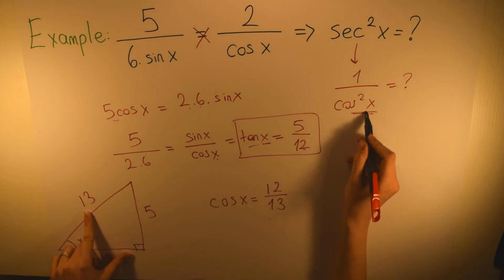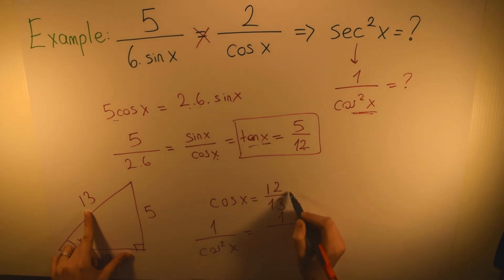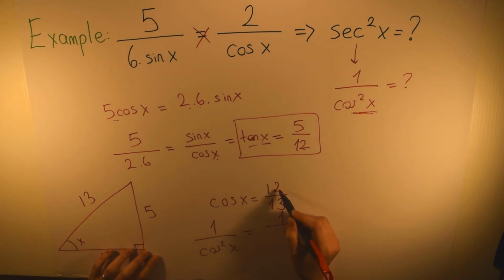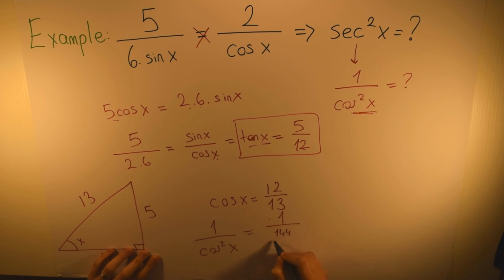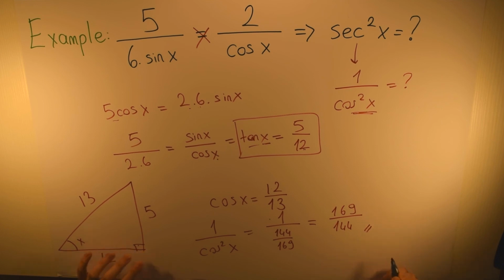Now we can find the value of cosine square x. Here 1 over, so we will take the square of this. It's 144 over 169, right? Yes. So when we do this operation, we will get 169 over 144, and this is our answer to our example.